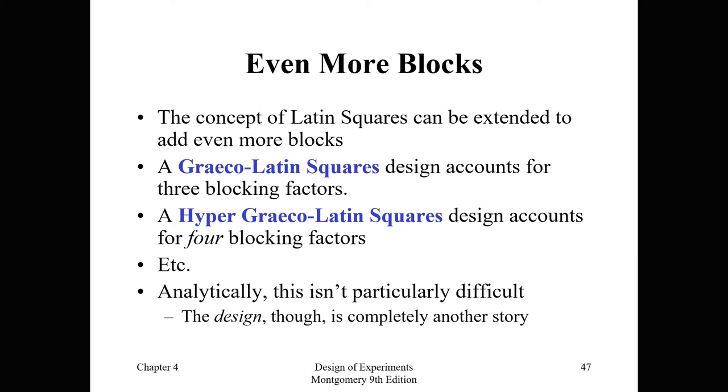In the Latin squares, we can use p squared runs to account for 2 blocking factors. In the Greco-Latin squares, we can use p squared runs to account for 3 blocking factors. In the hyper Greco-Latin squares, we can use p squared runs to account for 4 blocking factors. So we are efficiently using data. We are using data so efficiently in this case because of the way in which our design is constructed.